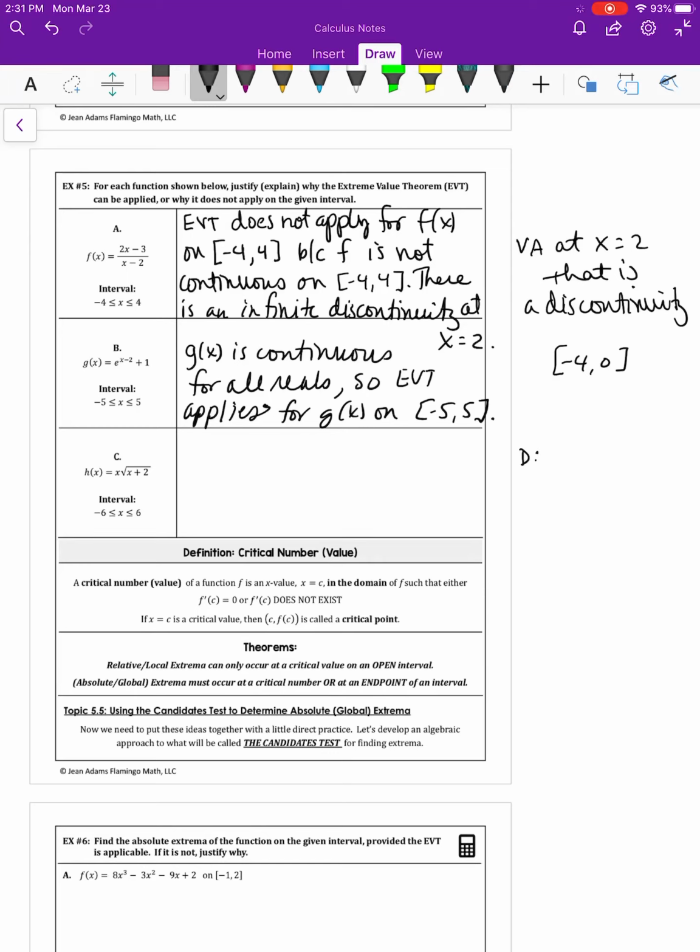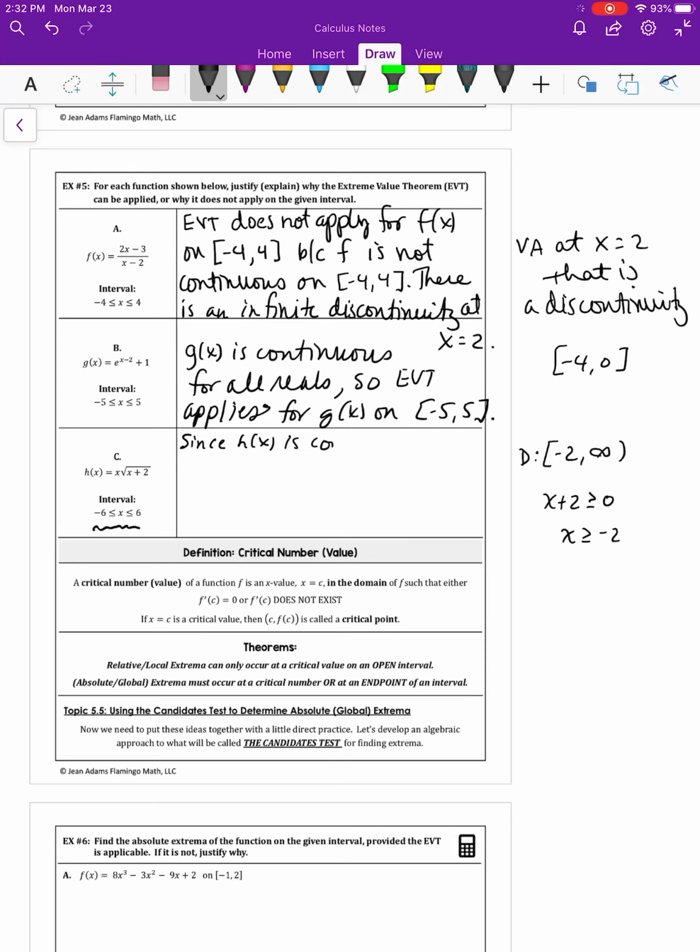And then part C, we've got to think about what the domain of this function is. I know that your x plus 2 has to be greater than or equal to 0, so x has to be greater than or equal to negative 2. So that means your domain is from negative 2 to infinity. So we do have to keep that in mind, and when we look at the interval, it's going outside of your domain. So therefore, your function is not continuous.